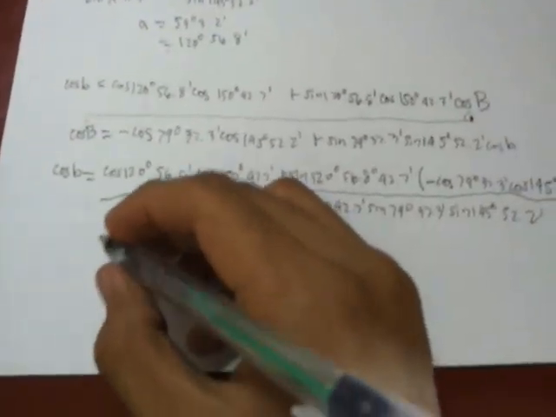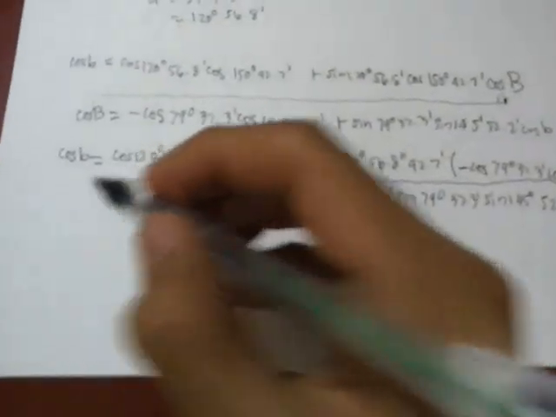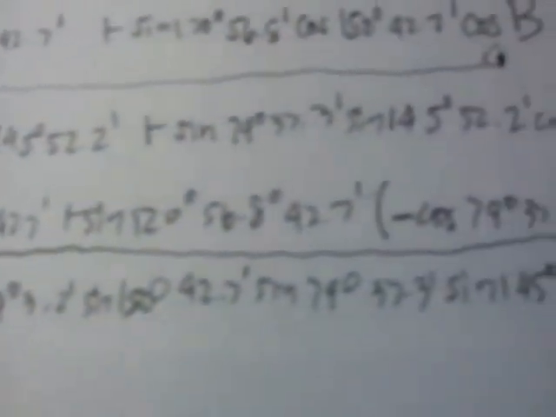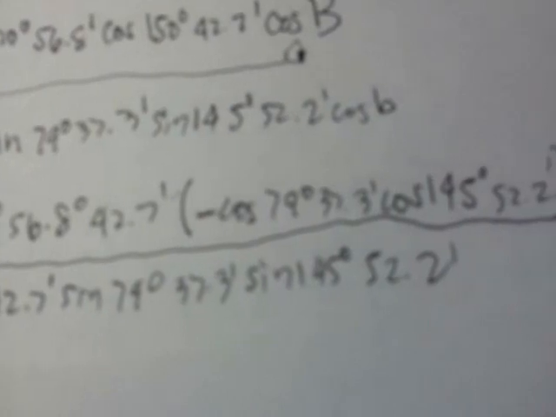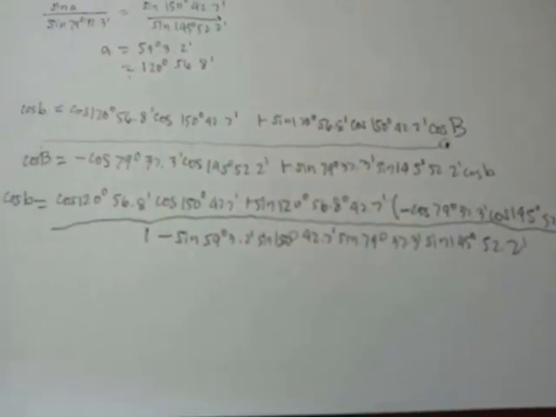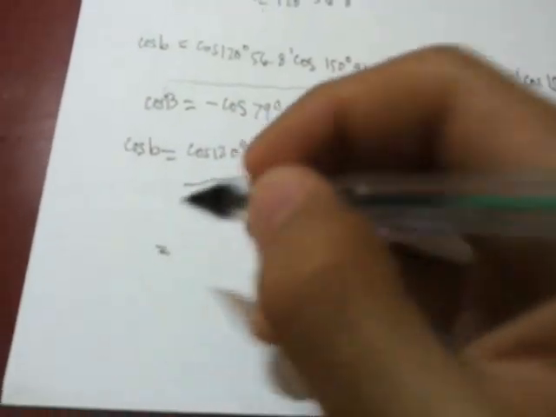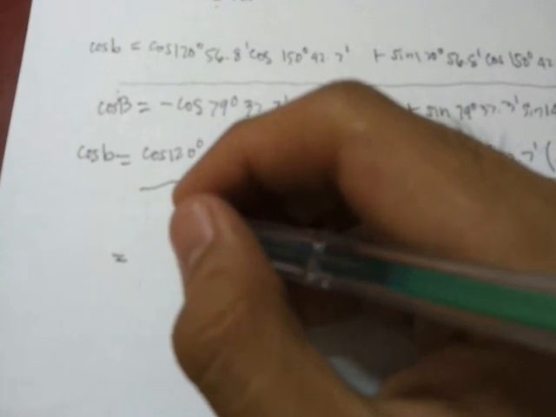So you now put this in your calculator. Yes, take a look at it. Okay, more slowly. So you now put this in your calculator and get the arc cosine, and then you will get B.